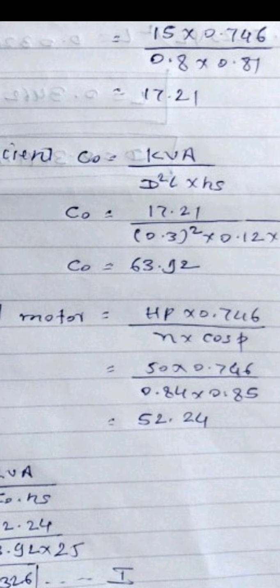The same formula is used. kVA for the second motor is HP into 0.746 divided by efficiency into cos phi.